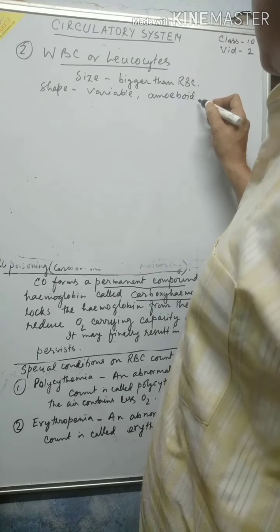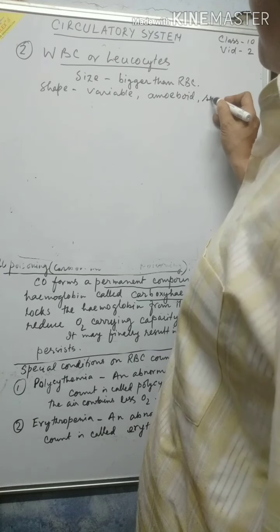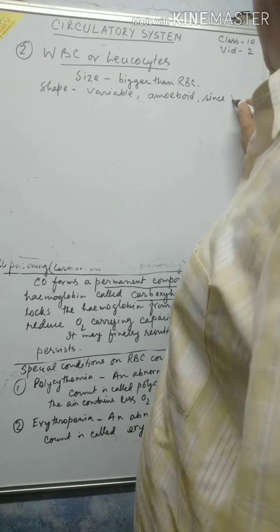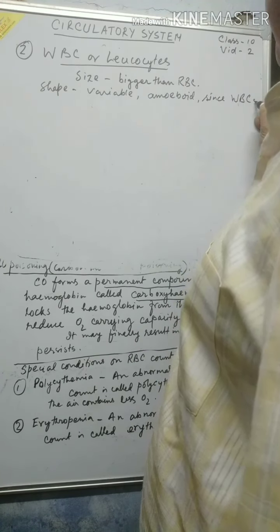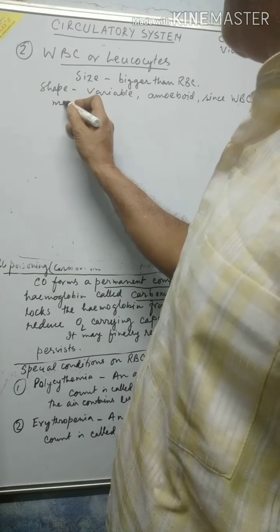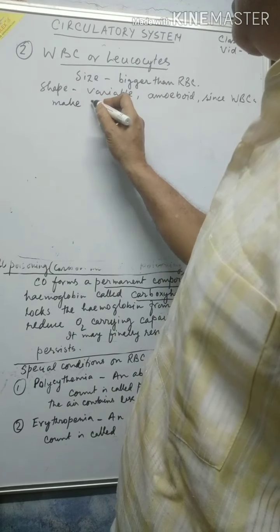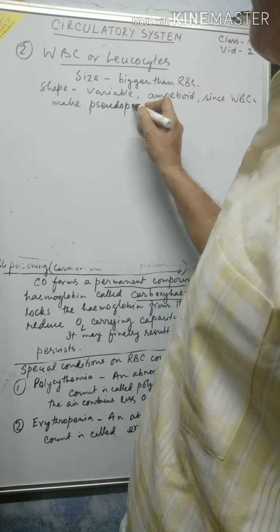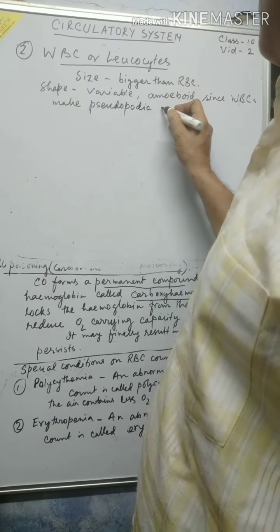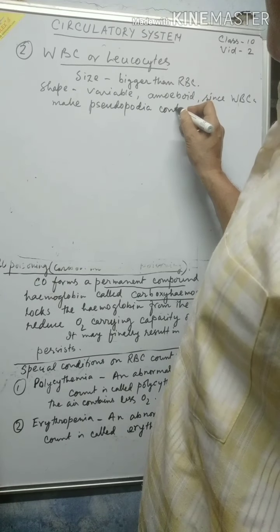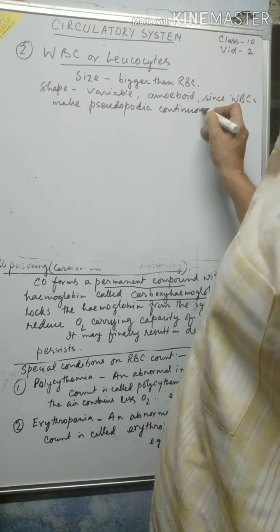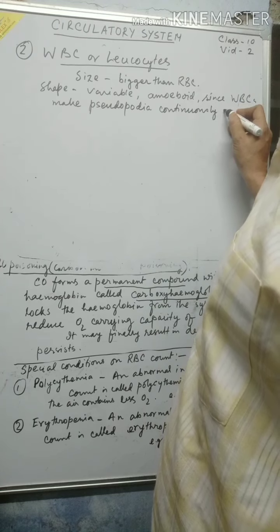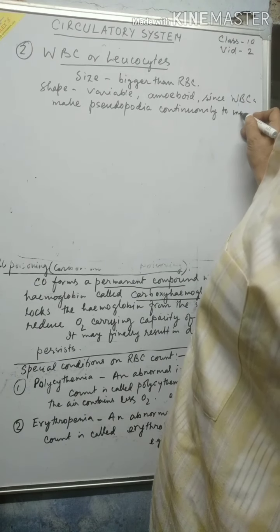Why amoeboid? Since WBCs make pseudopodia continuously to move about.